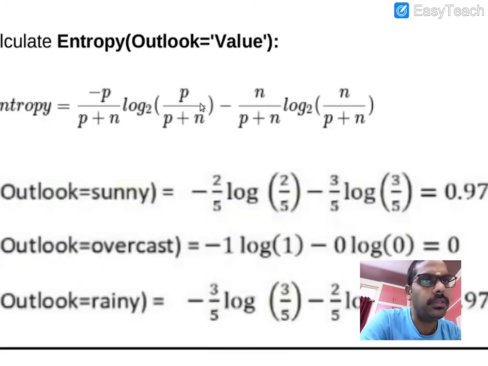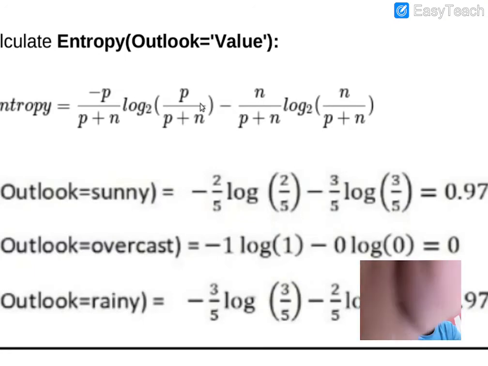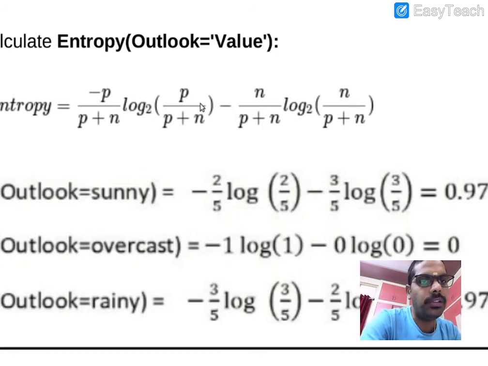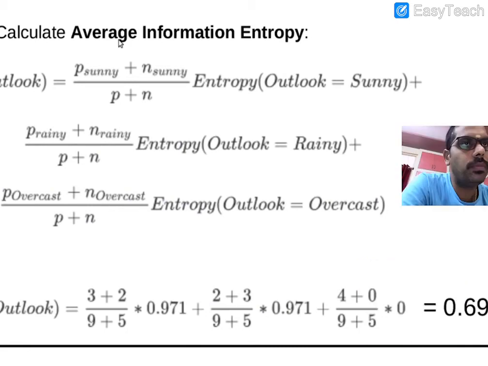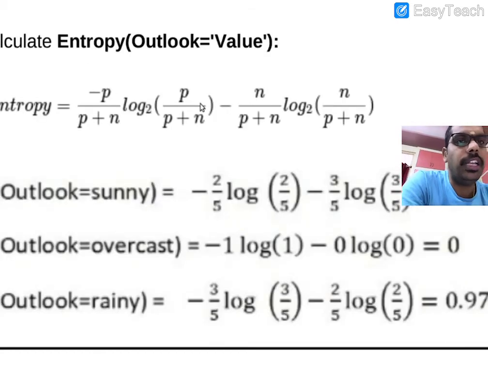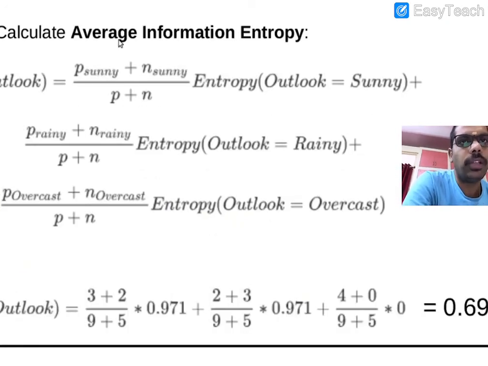After getting this, we substitute those values into the same formula. So we computed the entropy for the entire data set, and for outlook. Now I am going to calculate the average information entropy. Average information entropy is P plus N by P plus N times the entropy of outlook when it is sunny, when it is rainy, and when it is overcast.